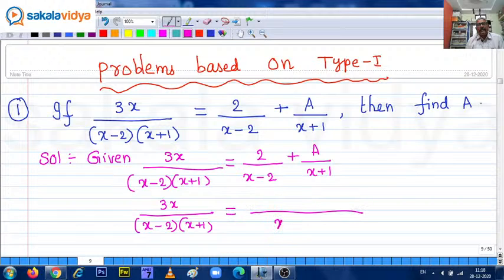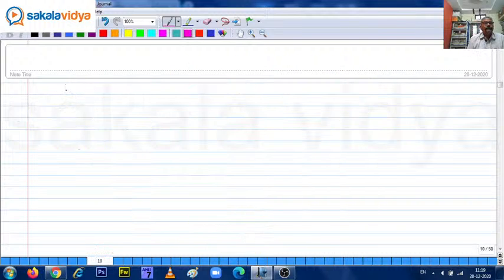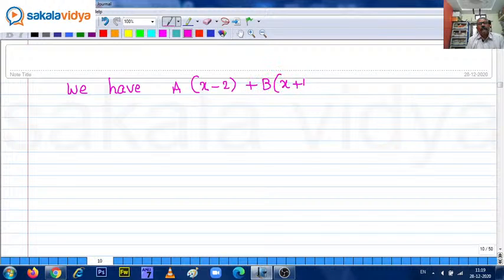Here LCM is x minus 2 times x plus 1. x minus 2 cancels, 2 into x plus 1, plus x plus 1 cancels, a times x minus 2. So comparing on both sides, the denominators get cancelled, we have 2 times x plus 1 plus a times x minus 2 equal to 3x.